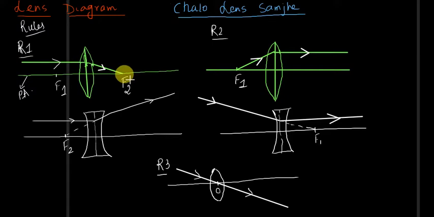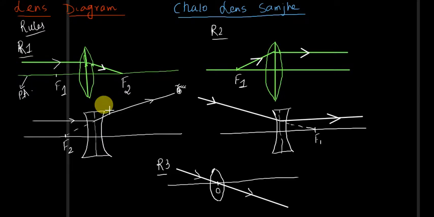In case of concave lens, if any ray is coming parallel to the principal axis, the emergent ray will diverge out of the lens, but if you have an eye over here, it seems that the light is coming from focus. So this is again second focus.